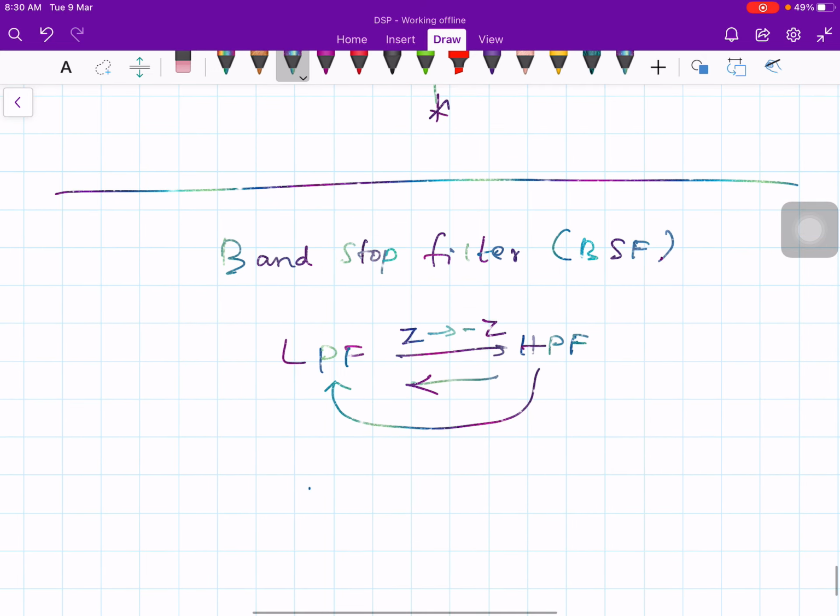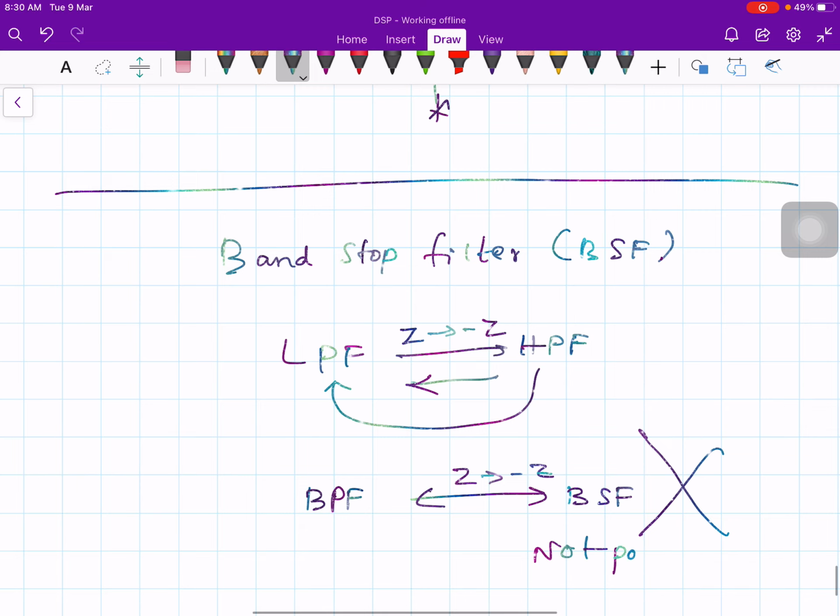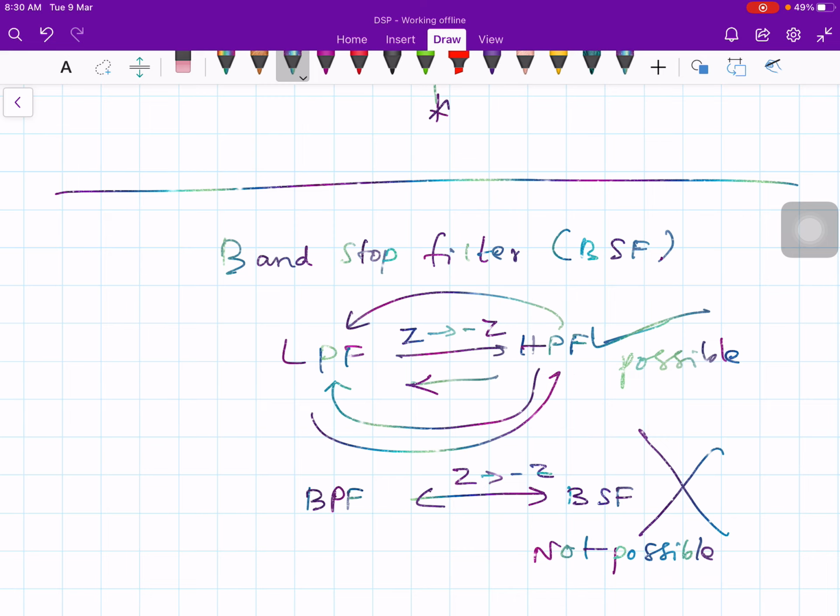But band pass filter to band stop filter you cannot replace by minus z. This is not possible. But here this is possible. One can go from low pass to high pass or high pass to low pass. But in the case of band pass to band stop or band stop to band pass, no.